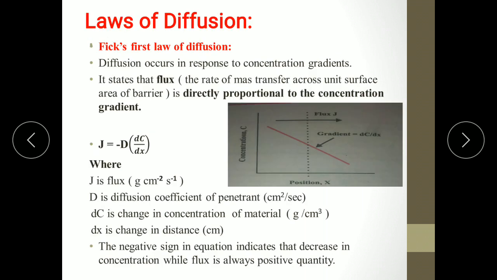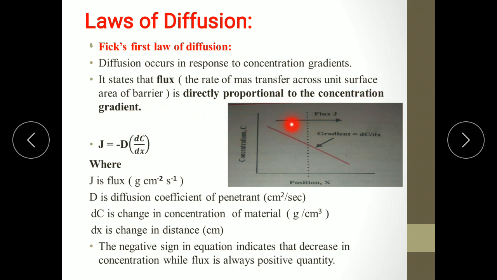Now there are different laws of diffusion called Fick's laws. Fick's first law of diffusion. Now diffusion occurs in response to the concentration gradient. What Fick's first law states is that flux, means rate of mass transfer across the surface area of the barrier, is directly proportional to the concentration gradient.